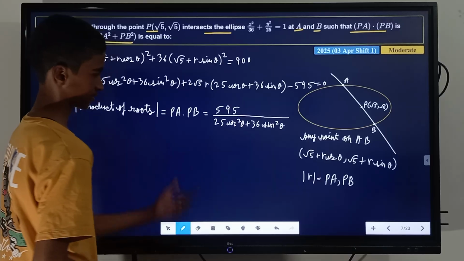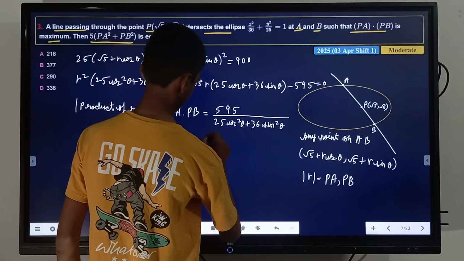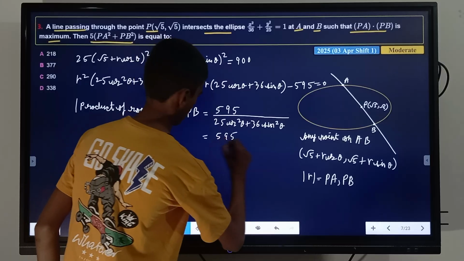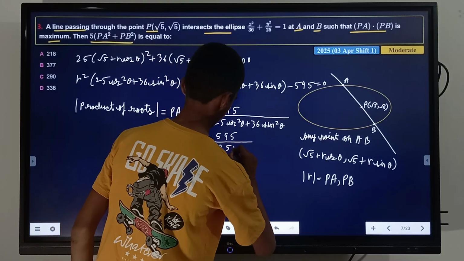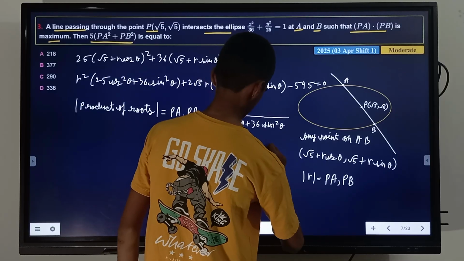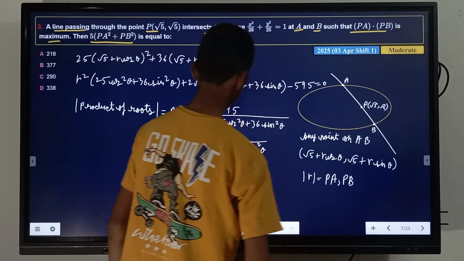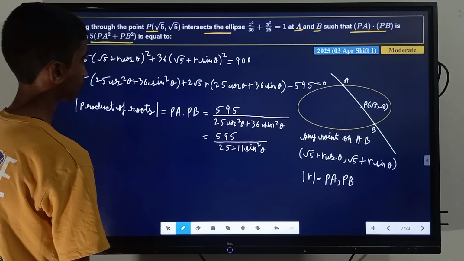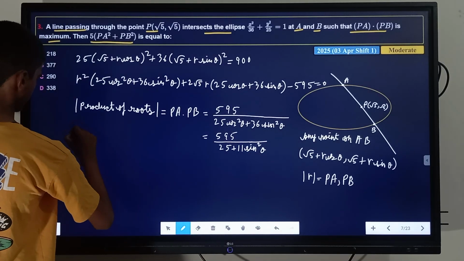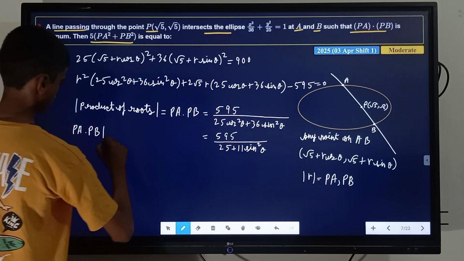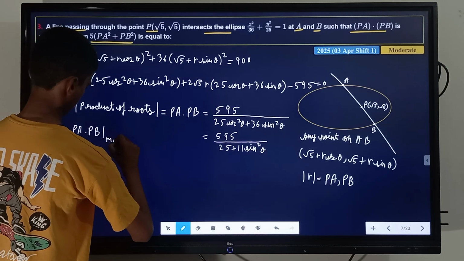Now here let's replace cos square theta with 1 minus sin square theta. We get 595 upon 25 plus 36 minus 25, 11 sin square theta. So now the question says PA into PB is max.